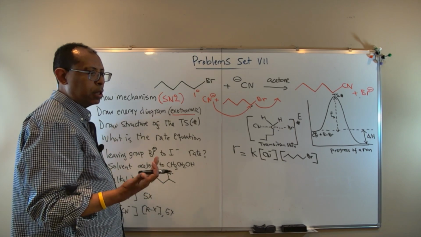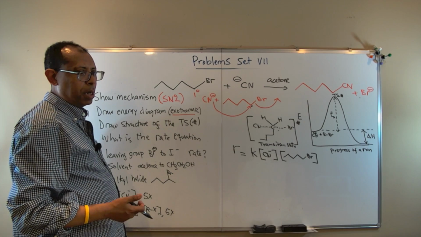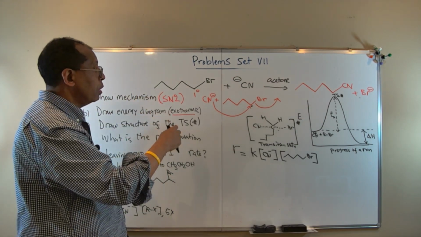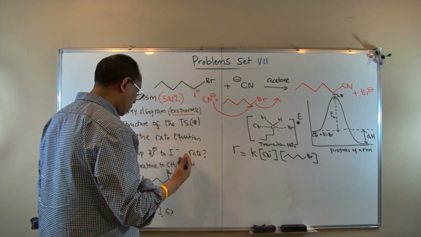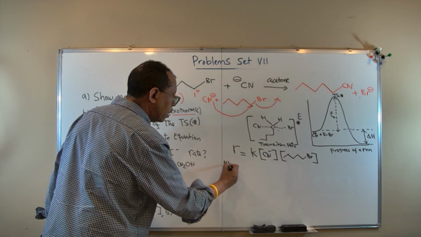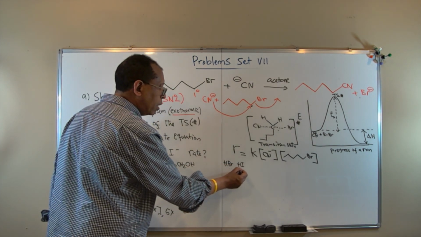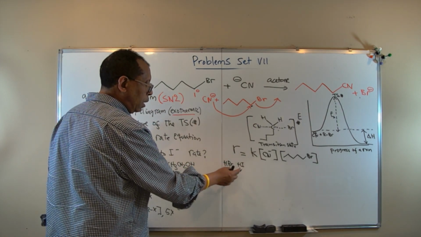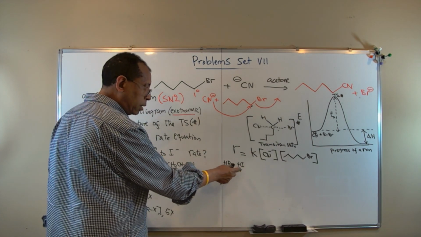Basically the question is asking you, if the leaving group was iodide versus bromide, what would happen to the rate. If you look at the conjugate acids, HBr and HI, HI is a very strong acid, and HBr is a weaker acid than that.